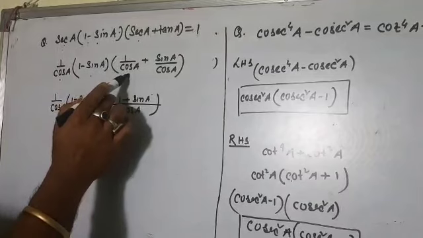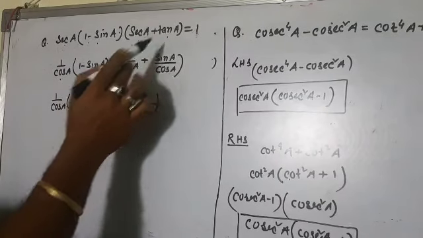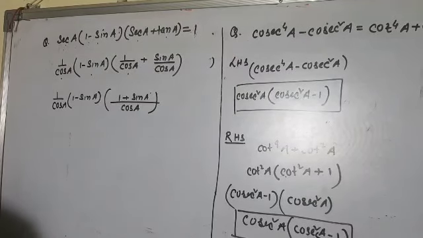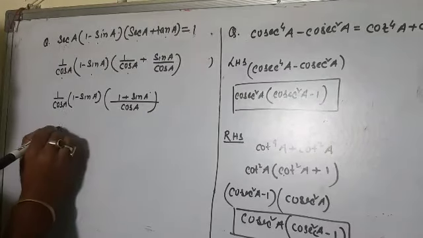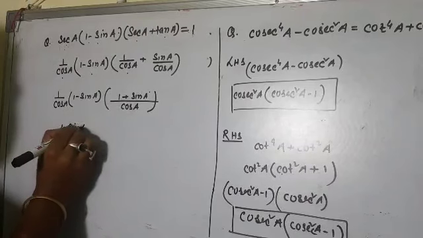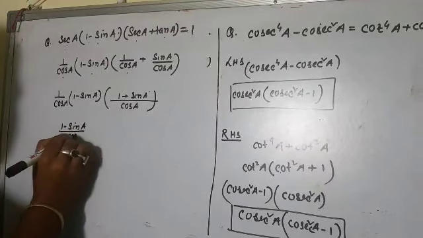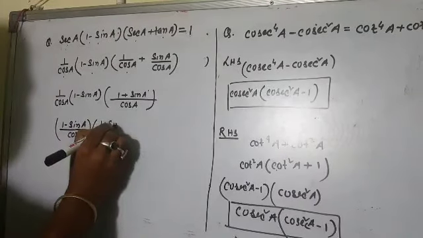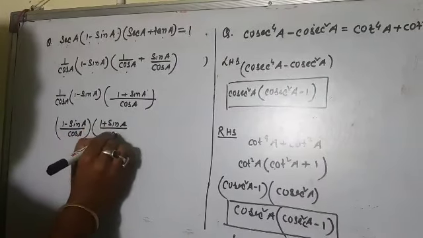Sec A again change to 1 by cos A, and tan A I change to sin A by cos A. So we can say this one is (1 minus sin A) by cos A, and this one is (1 plus sin A) by cos A.